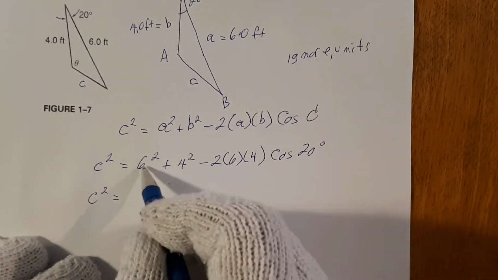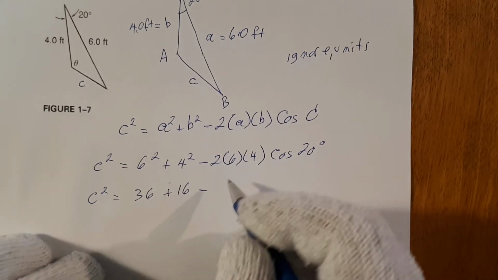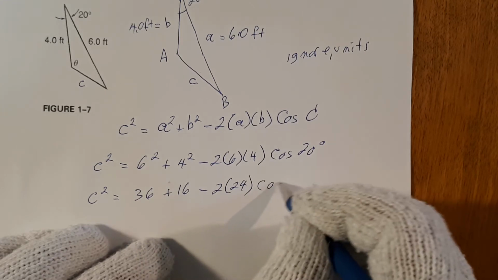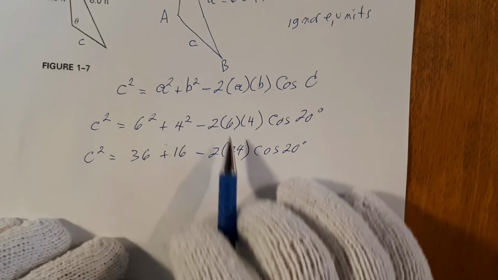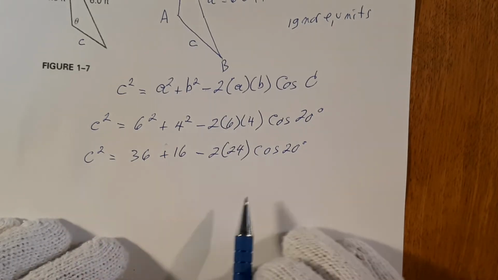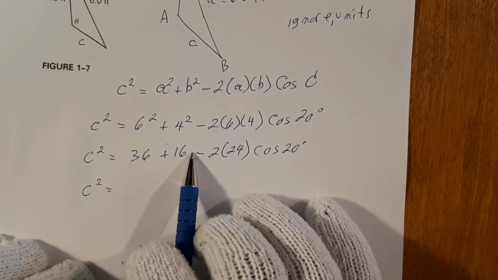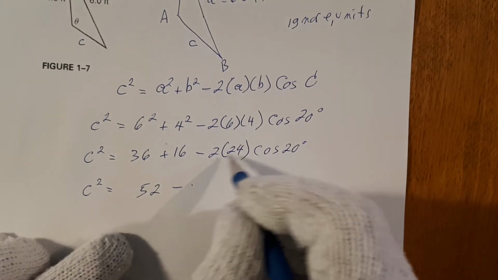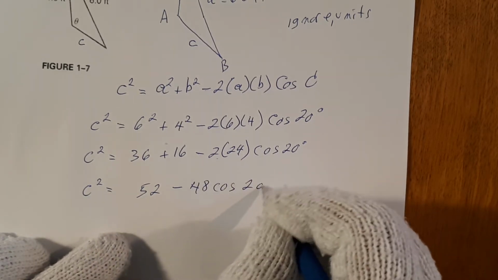C squared is equal to 6 squared is 36, plus 4 squared is 16, minus 2 times 6 times 4 is 24, cosine of 20 degrees. I'm just solving this incrementally, step by step. C squared is equal to, adding these two together, 52, minus, well, 2 times 24 is 48, cosine of 20 degrees.